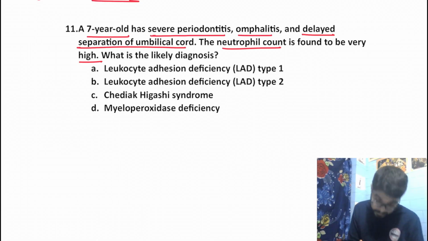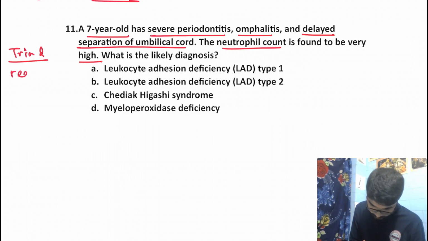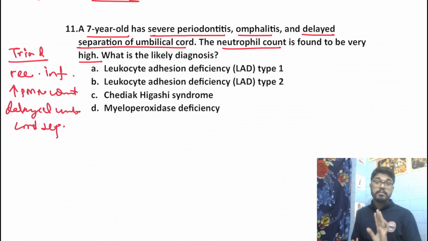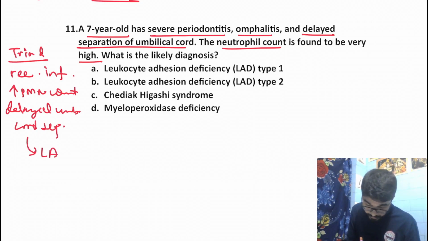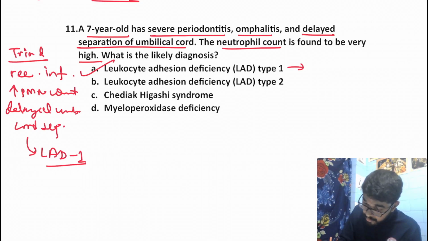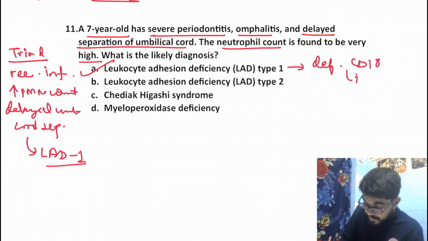Now whenever we get the triad of recurrent infection, high neutrophil count and delayed umbilical cord separation, this triad will suggest a diagnosis of LAD1, right? LAD1, leukocyte adhesion deficiency type 1, is due to deficient CD18, which is an integrin.